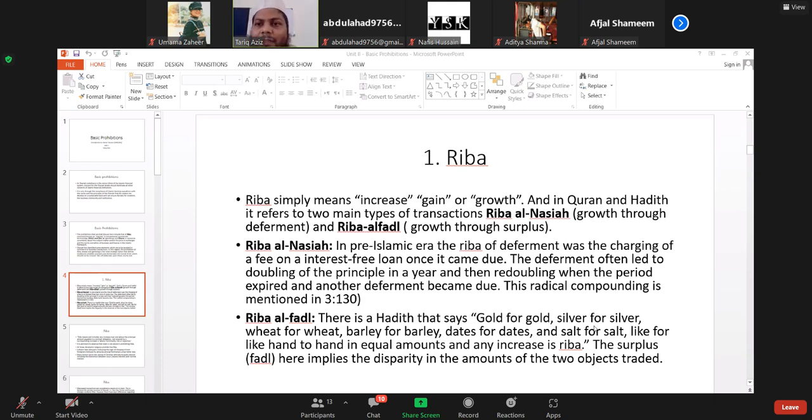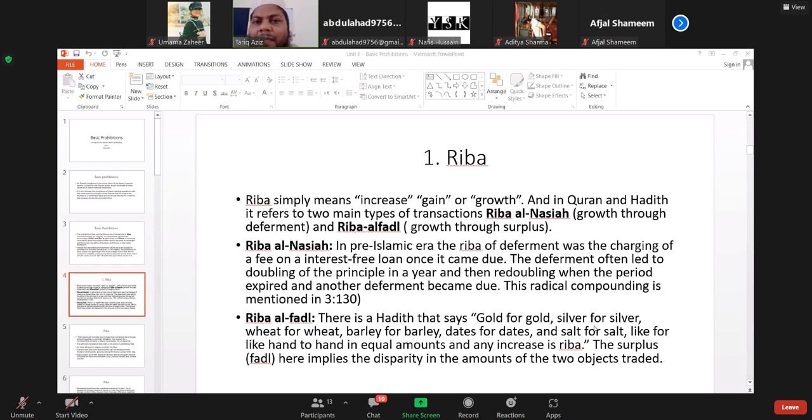Commodities should be exchanged for money, not for the same commodity. Gold should not be exchanged for gold, silver for silver, and if they are exchanged, then it should be on the spot, in similar quantity and equal amounts. Riba al fazl is a separate concept from riba al nasiya.